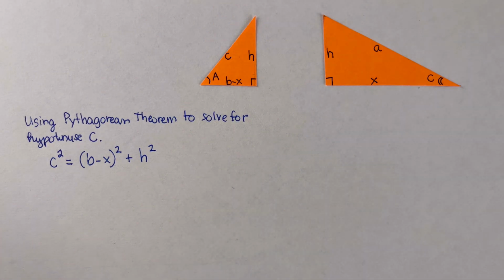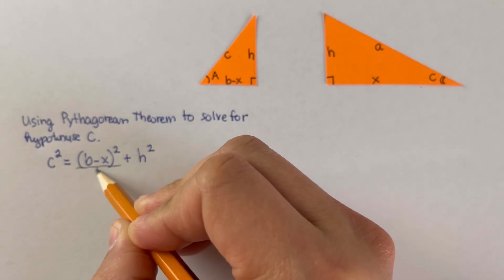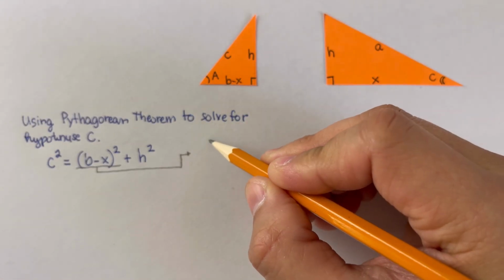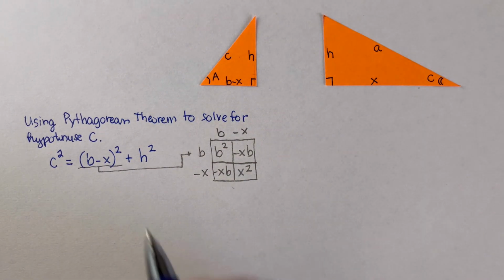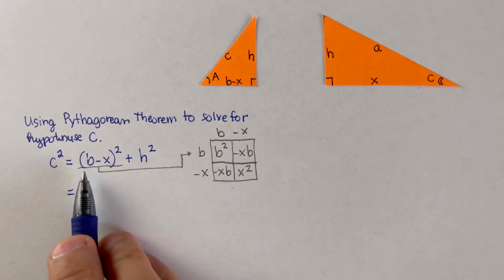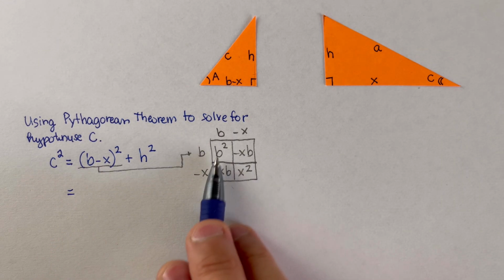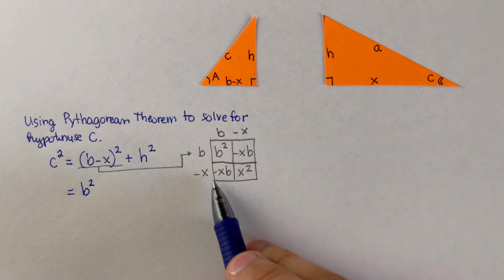We can expand this binomial using the area model. I'm going to show the work on the side. Once we expand, this is how it looks: B squared. Then we combine like terms.